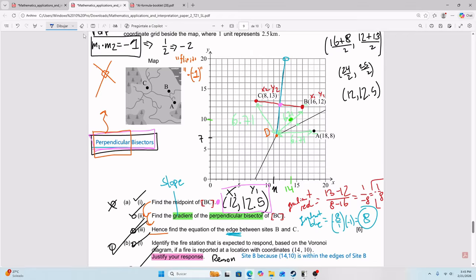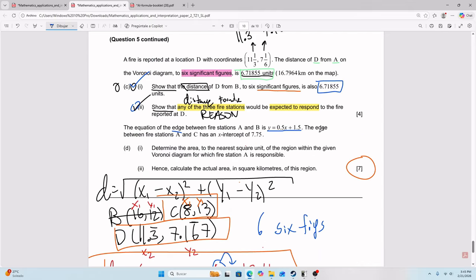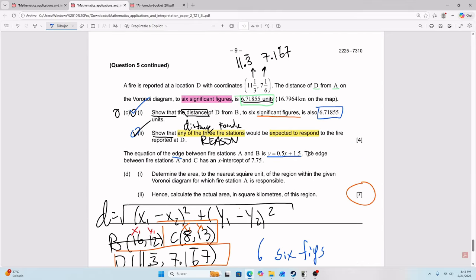So they just gave you, let me erase all this stuff that's in light green, that the equation between A and B is this thing in blue, y equals 0.5x plus 1.5.